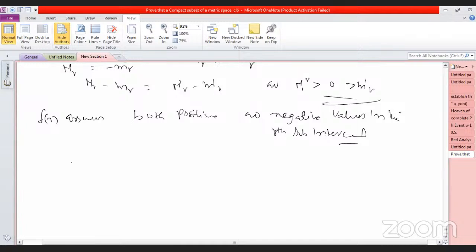So Mr is equal to the maximum of M dash r and minus small m dash r. Can we write Mr like this? Yes, sir.